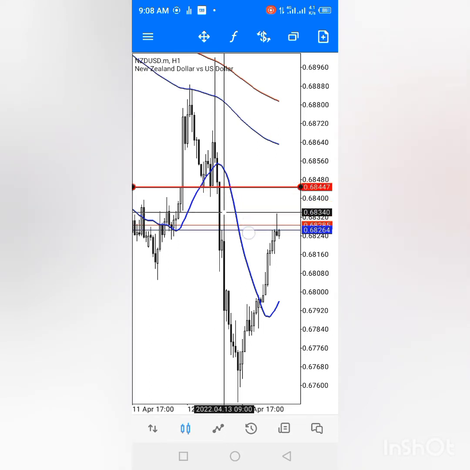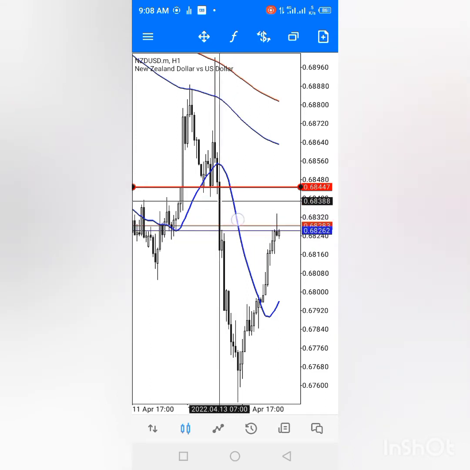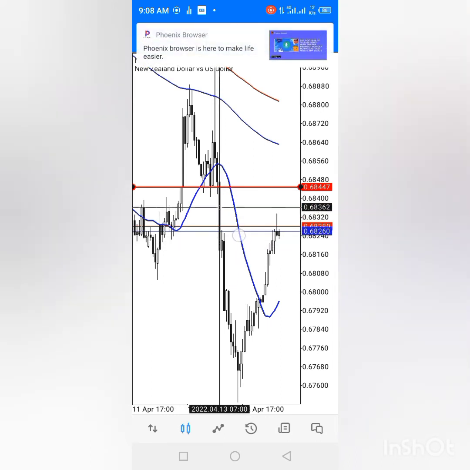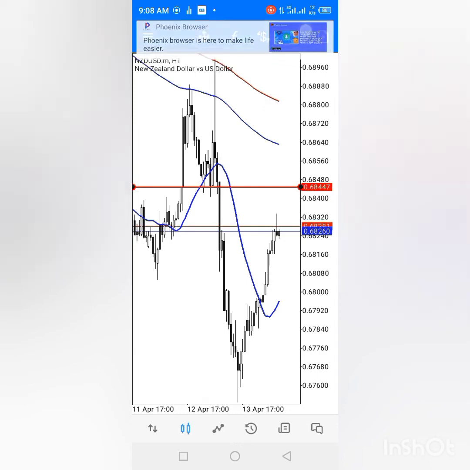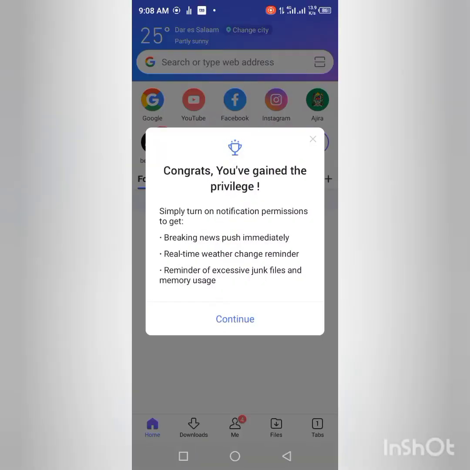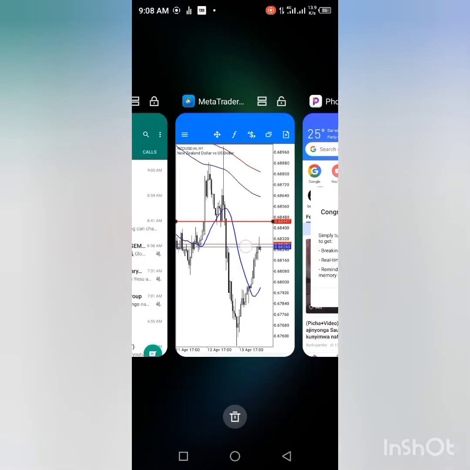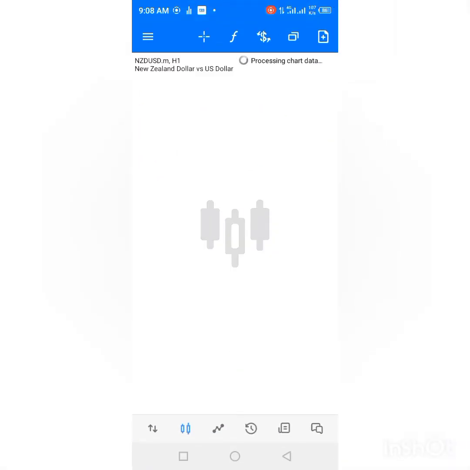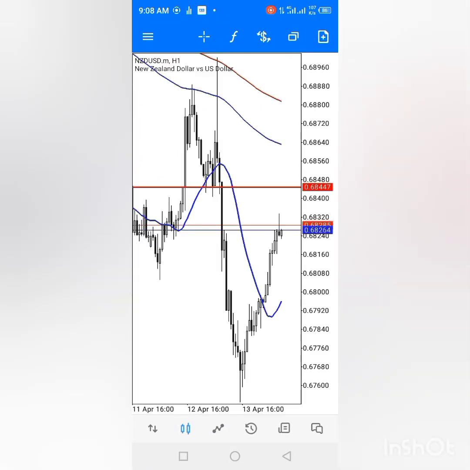So what happened is, when it broke my daily market open, this candlestick, as you can see, broke my daily market open. Remember, what breaks the market daily open is not a wick, it's a candlestick. As you can see, this candlestick here broke.